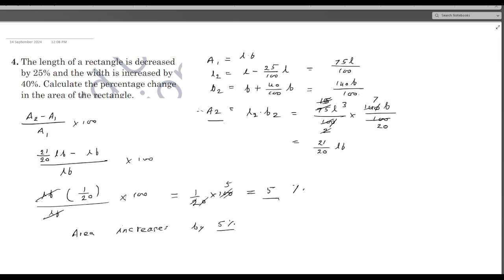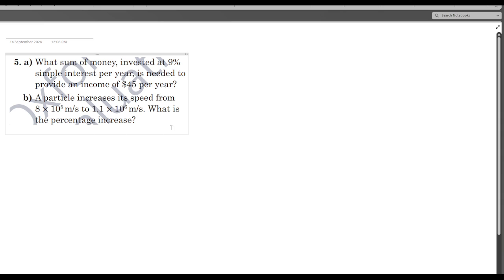Now question number 5. It says, what sum of money invested at 9% simple interest per year is needed to provide an income of $45 per year? So an income of $45 indicates that your simple interest will be $45. The formula for simple interest is PNR divided by 100. I need my simple interest as 45.